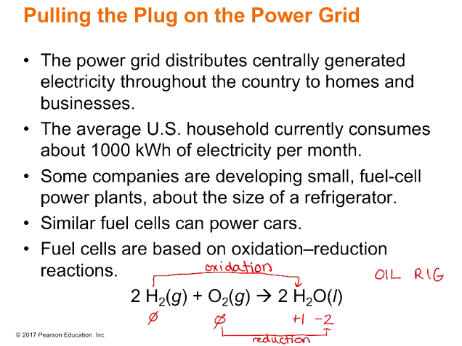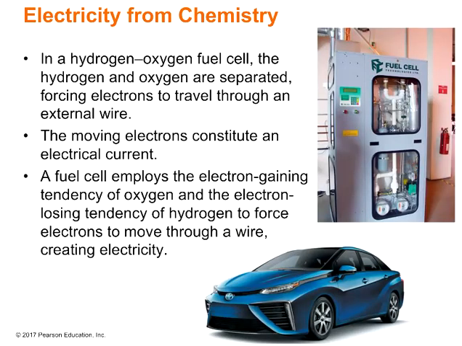All right, so this very simple reaction can be used in, again, fuel cells. And one is shown off to the right. And again, it's about the size of a refrigerator, so it's really not that big. If you have a water heater in your home, it's not much bigger than that. So in a hydrogen-oxygen fuel cell, the hydrogen and oxygen are separated.